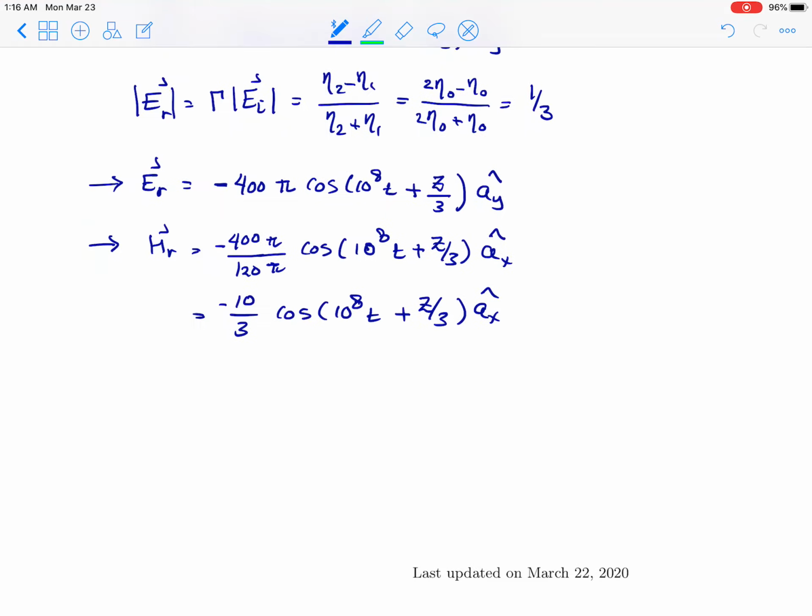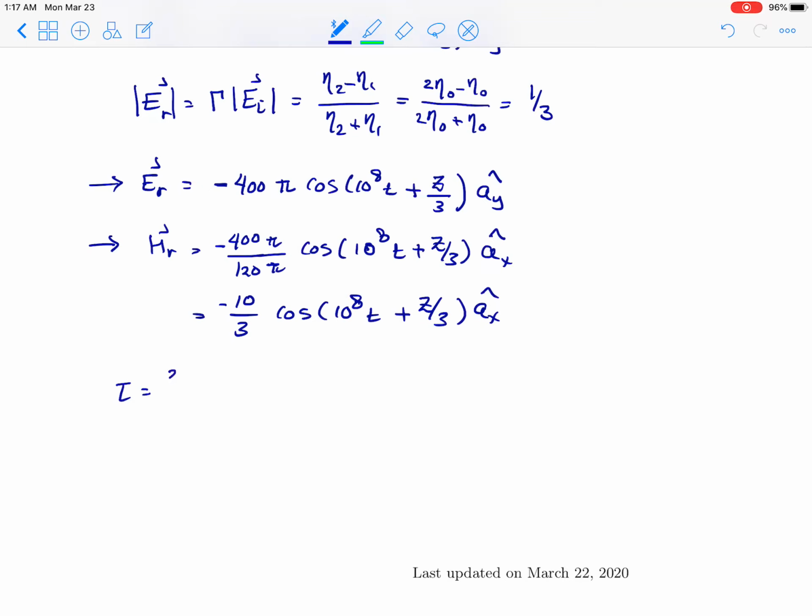Now we found the reflected field. The last part that we are asked about is to find the transmitted field. So remember, the transmitted electric field is going to be tau times the incident electric field.